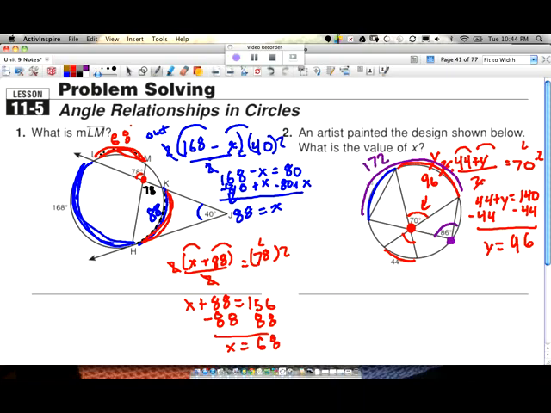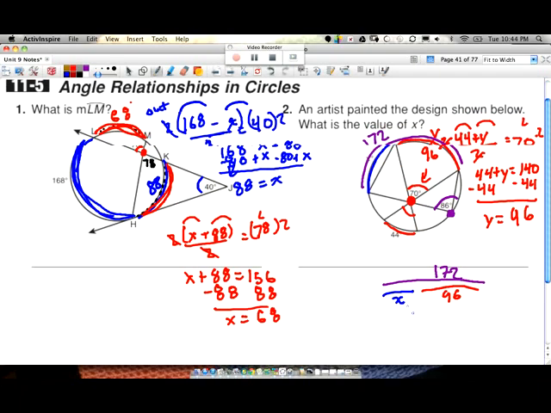So what would that be? That's 172. So I got the whole arc is 172. And part of it I know is 96. The question is, what's the other part? The x. Well, to do that, I just need to subtract.